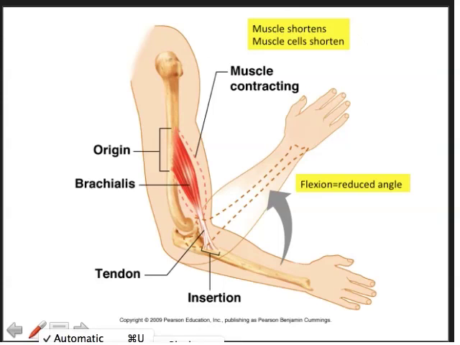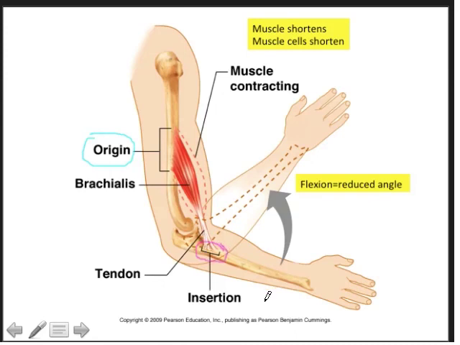The origin is the muscle's attachment to immovable bone. So the muscle has its start here, and then it'll cross a joint. In this case, it's crossing the elbow joint, and then the insertion is its attachment to movable bone.